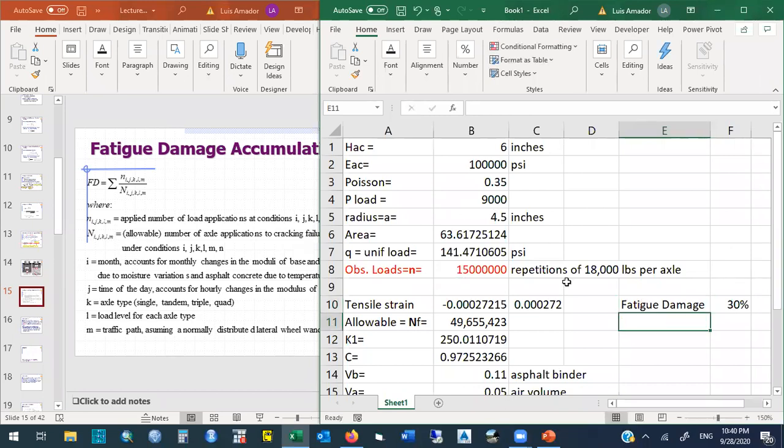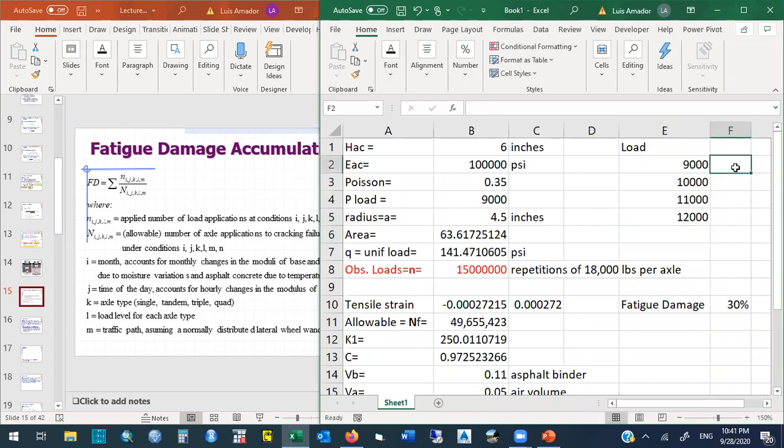You will go with another axle load and estimate exactly the same and observe how many you have out of that one. And then you will start accumulating, right? So you will go something like this. You will know your load is 9,000. You have another one that is 10,000. You have another one that is 11,000. You have another one that is 12,000 and so on.